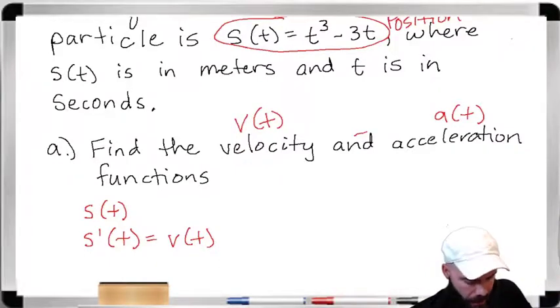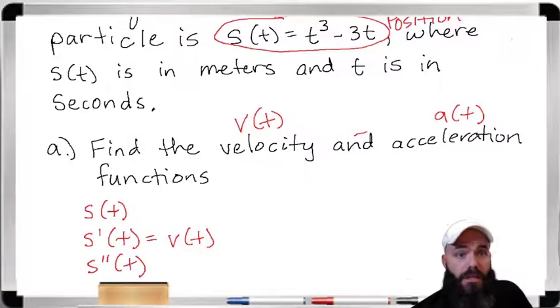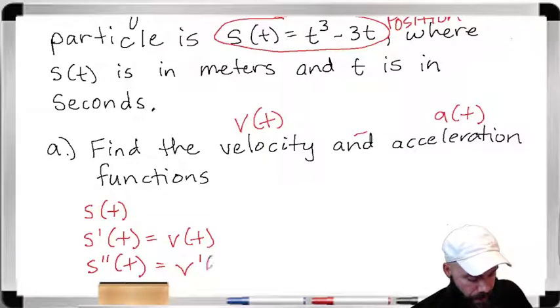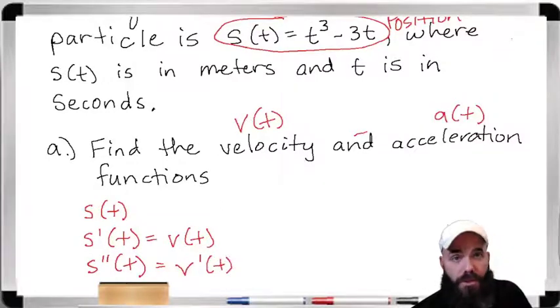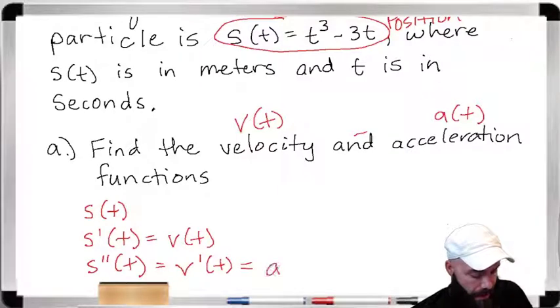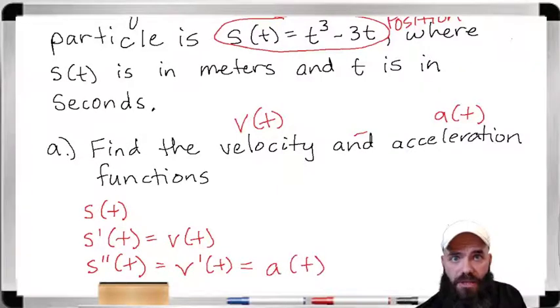So let's jot that down. s double prime of t is equal to v prime of t, which is the first derivative of the velocity, and that is the acceleration. The position function is a polynomial, so we would use the power rule to find the derivative.